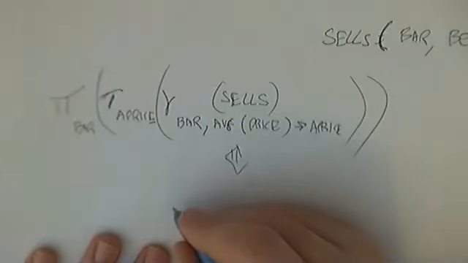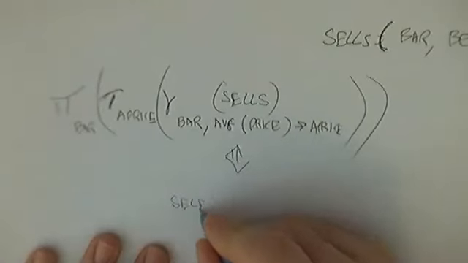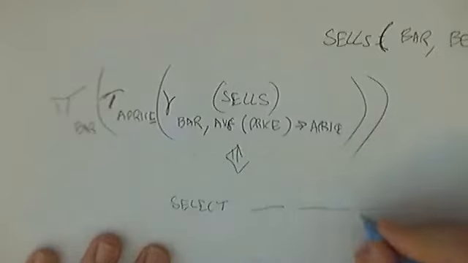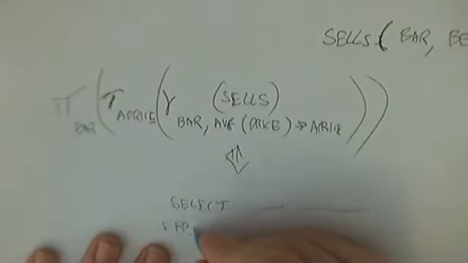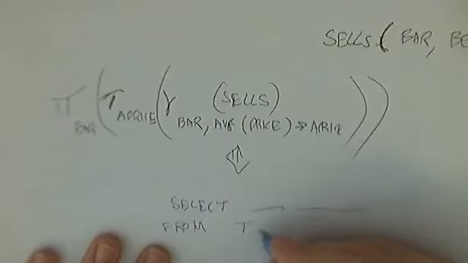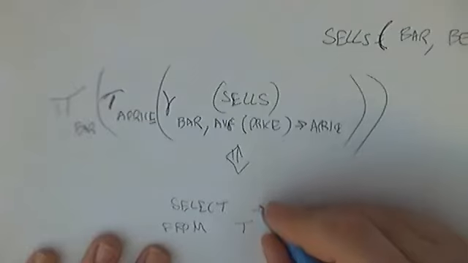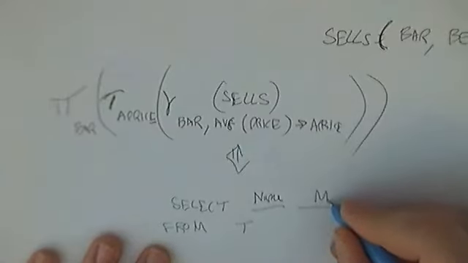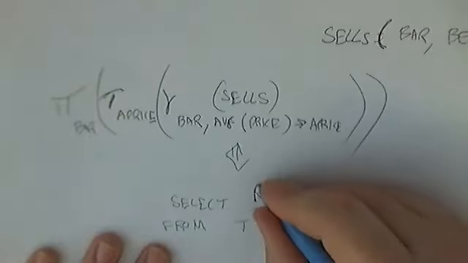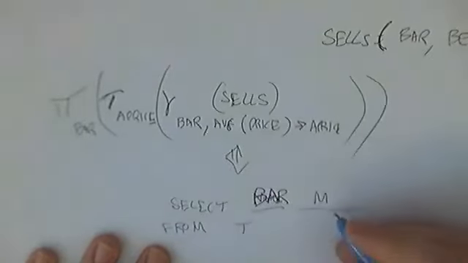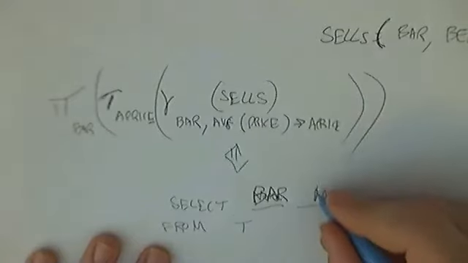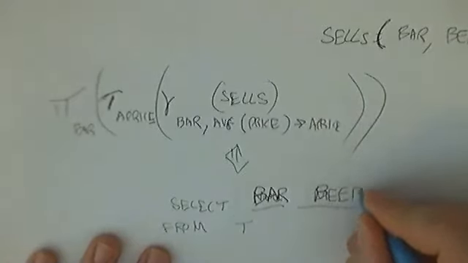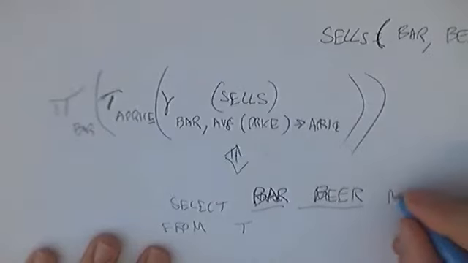But the point is mostly this: in SQL, because we're not really doing SQL, we're doing extended relational algebra here, what you'll see is somebody doing something like this, which is very common. Select, and then they list a bunch of stuff from table T. I want the bar, and then I want the beer, and then I want the min price.